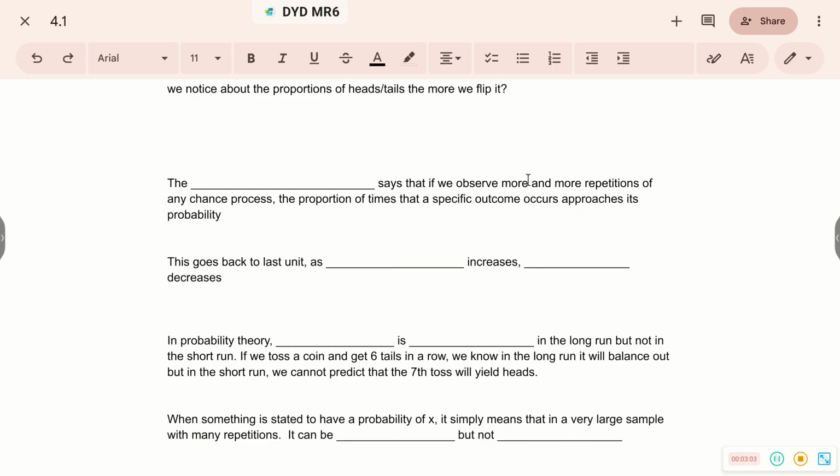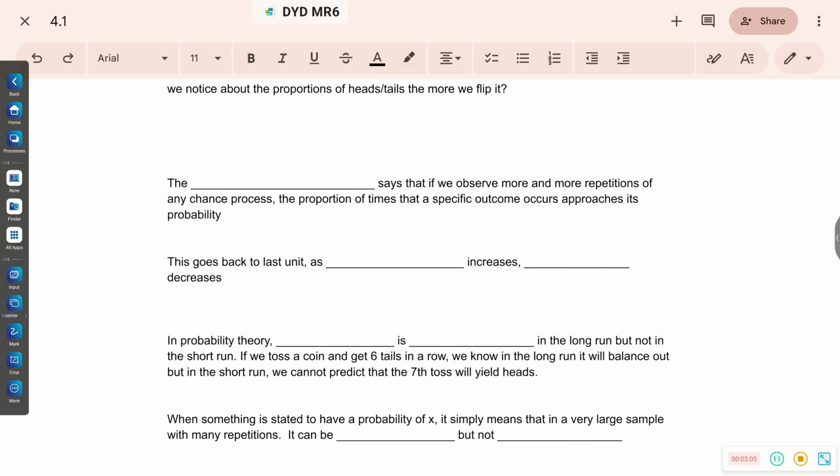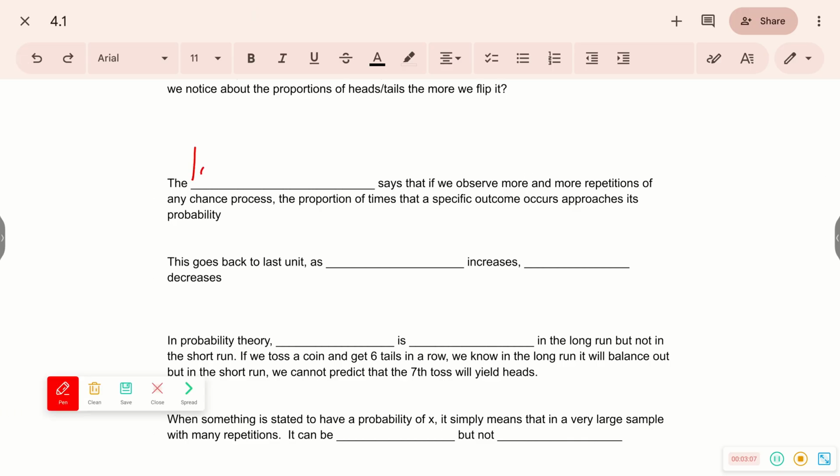This is called the law of large numbers. If we observe more and more repetitions of any chance process, the proportion of times that a specific outcome occurs approaches its probability.